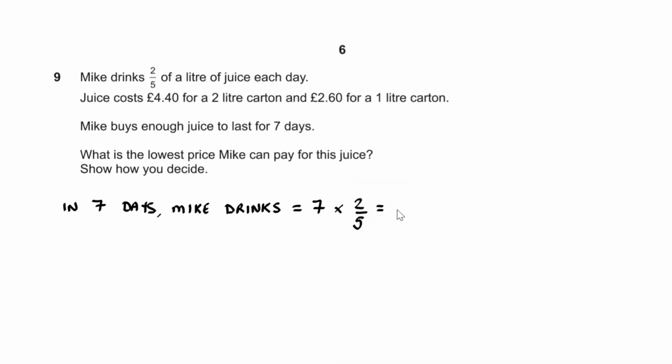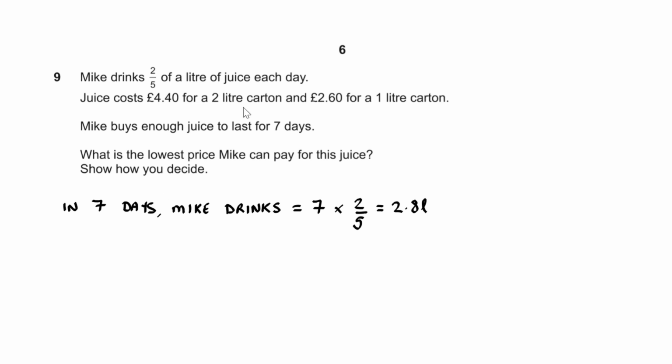So in 7 days, he drinks 2.8 litres of juice. So if we think about the number of litres we need, we therefore need 2.8 litres every week.